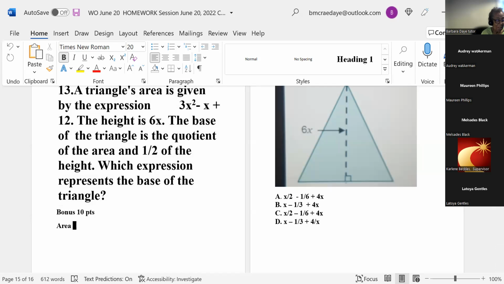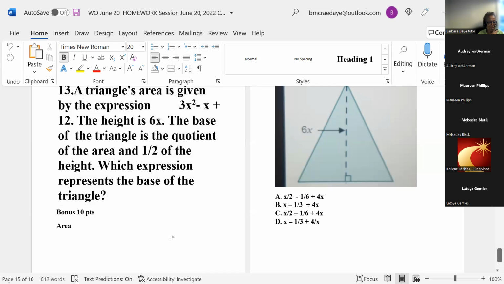A triangle's area is given by the expression 3x squared minus x plus 12.